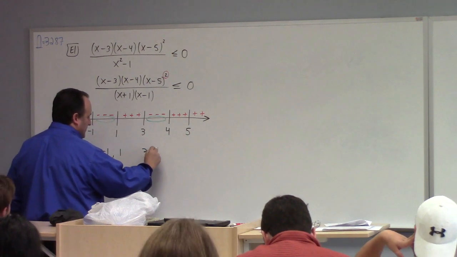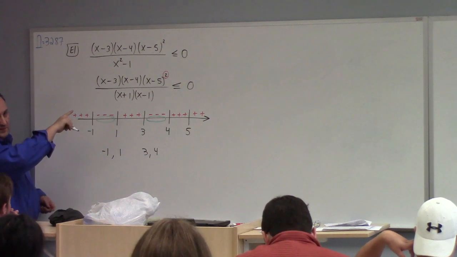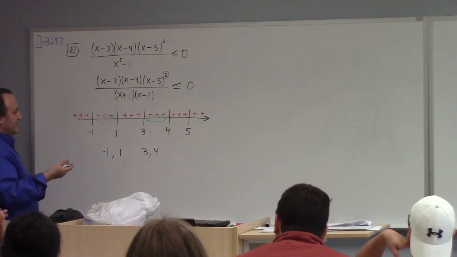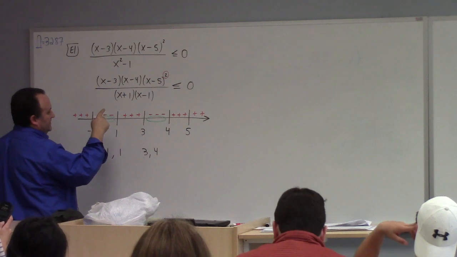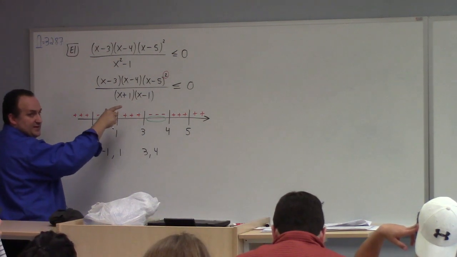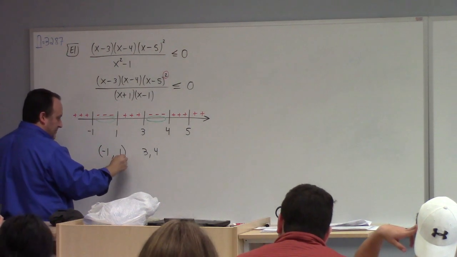Which one of those do we exclude? We allow equals to 0, right? So if it's making the numerator 0, we want to keep it. But if it makes the denominator 0, we need to get rid of it. So 1 and minus 1, those are both bad news. Those get division by 0. So we exclude both of these guys.